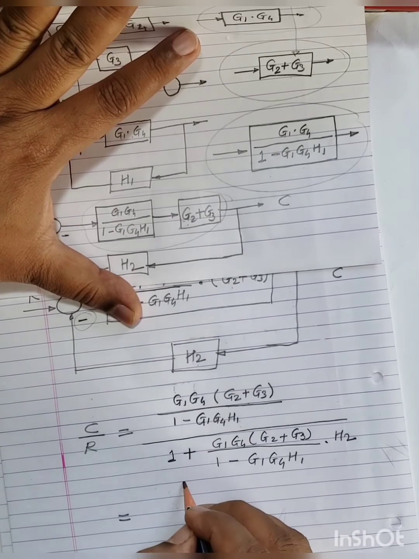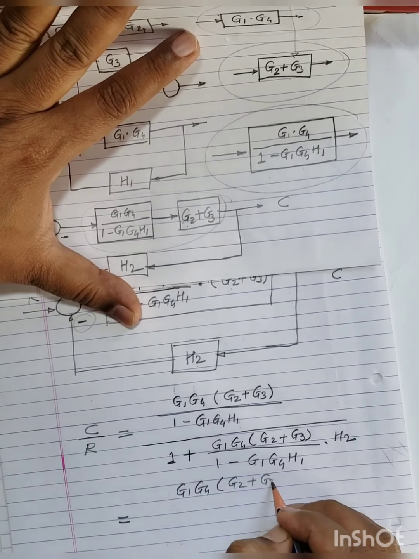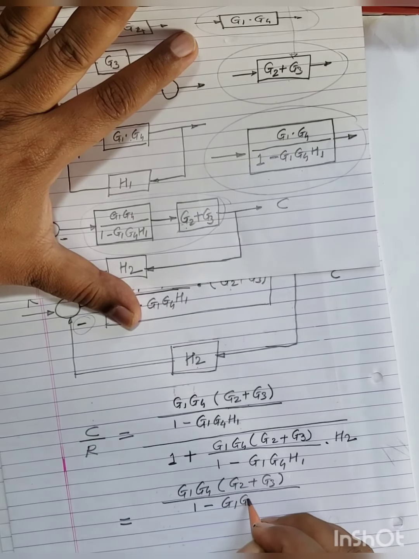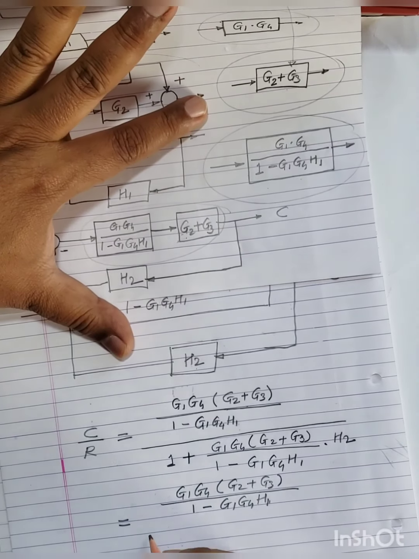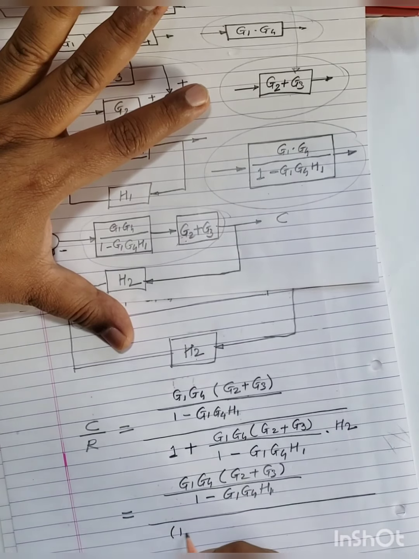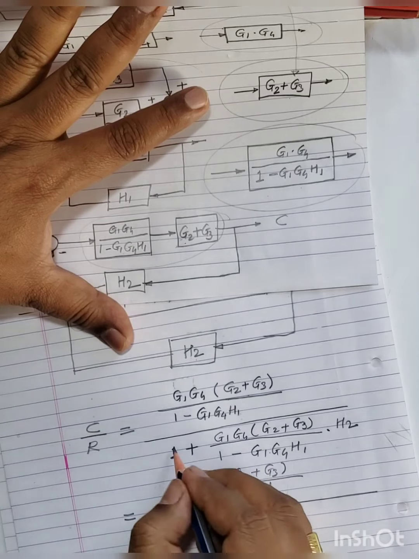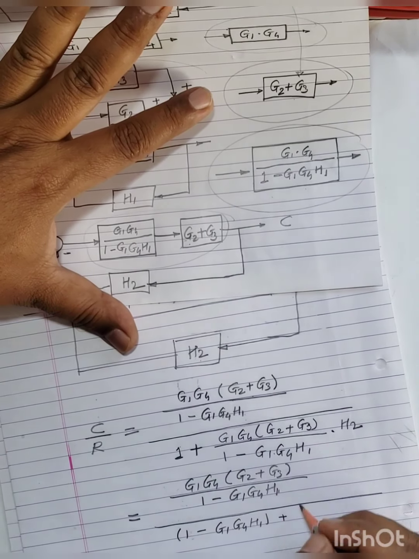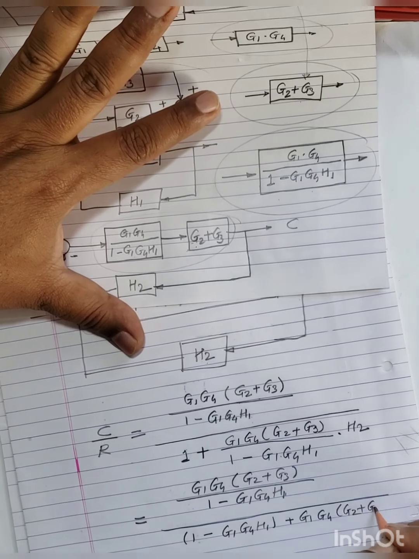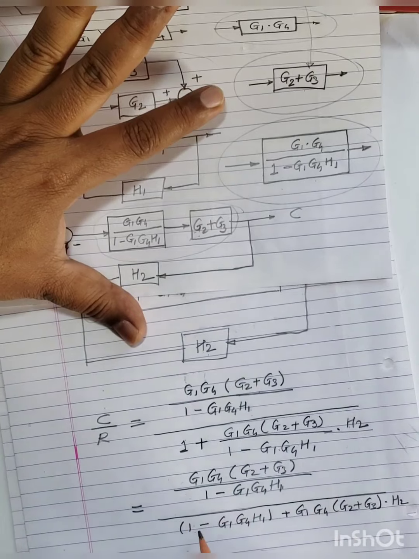So we'll take the LCM. So the LCM will be G1 G4 into G2 plus G3 divided by 1 minus G1 G4 H1, divided by, I will take the LCM. So 1 minus G1 G4 H1, this will go here, plus G1 G4 into G2 plus G3 into H2 as it is, right?